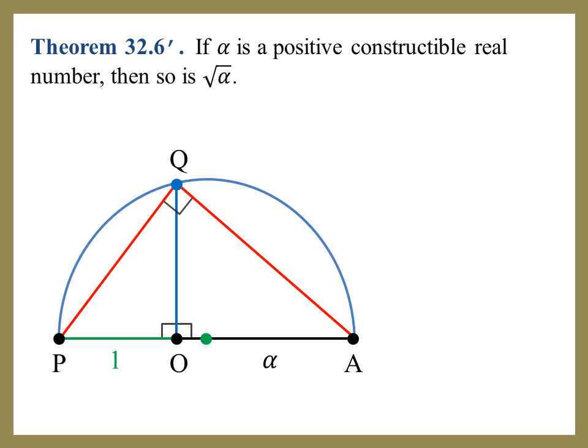We know that triangles QAP, OPQ, and OAP are right triangles. Therefore, angles OQP and OQA are complementary. Also, angles OPQ and OAQ are complementary.